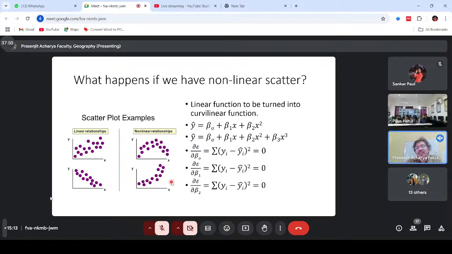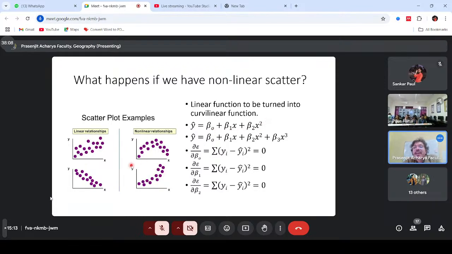So it's a specialized case of linear functions, where we can look at the estimated y as a function of a second order term, which is a square term. So this is our second order polynomial function, beta 0 plus beta 1 x plus beta 2 x squared.